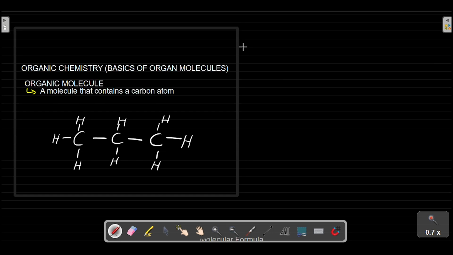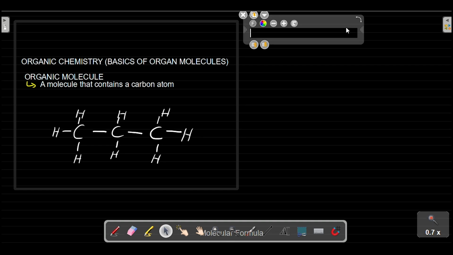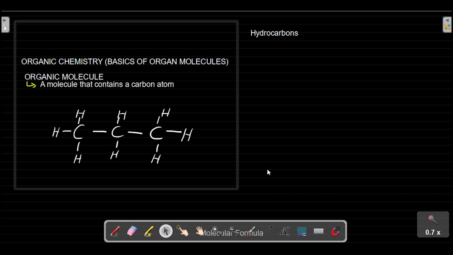So going back to the structural formula of propane, you'll see that the only atoms involved are carbon and hydrogen. And there's a name for molecules that only contain hydrogen and carbon. The name for these molecules is hydrocarbons.